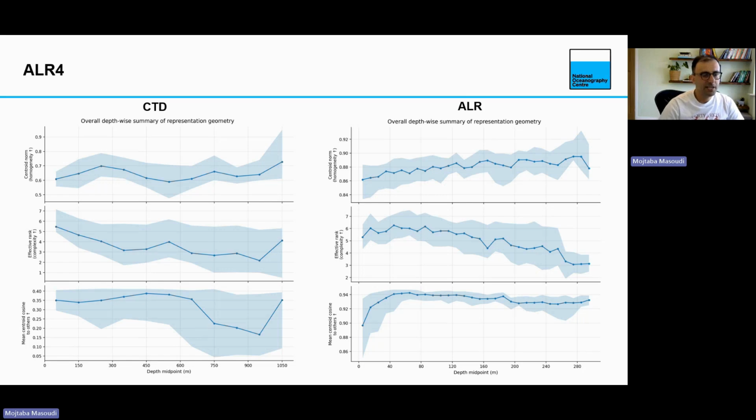For the CTD, shown on the left side, we had more depth values, a 1,000 meter data set.